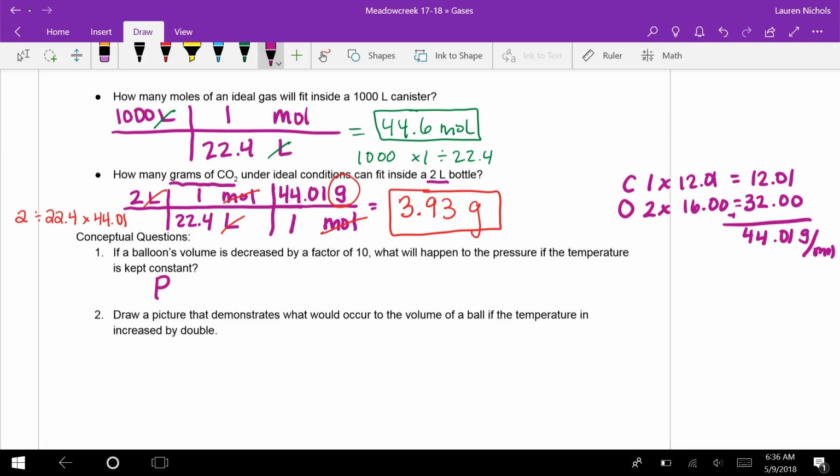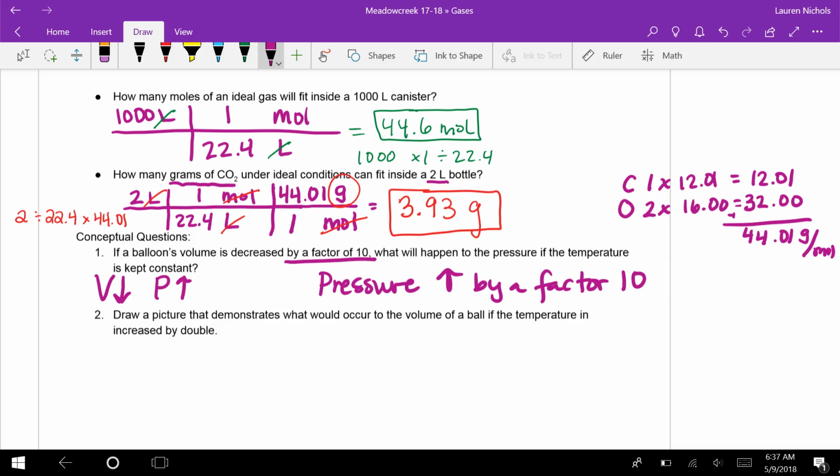So if your volume goes down, your pressure goes up, especially if temperature is kept constant. And so if the volume goes down by a factor of 10, that means pressure will increase by a factor of 10. So it'll go up 10 times higher than it was.